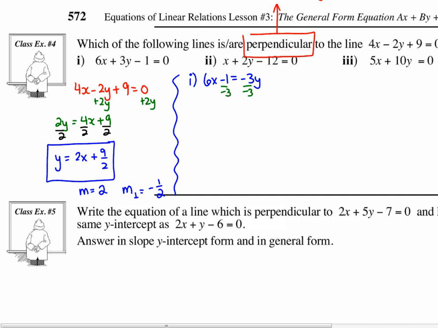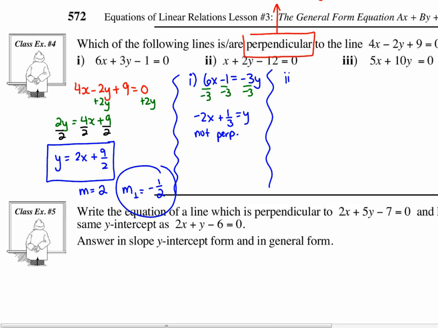Does this give me a slope of negative 1/2 just by looking at this? What's the slope going to be? 6 divided by negative 3 is negative 2x plus 1/3. Is this one perpendicular? No. We're looking for negative 1/2 because our slope was 2, not perpendicular.